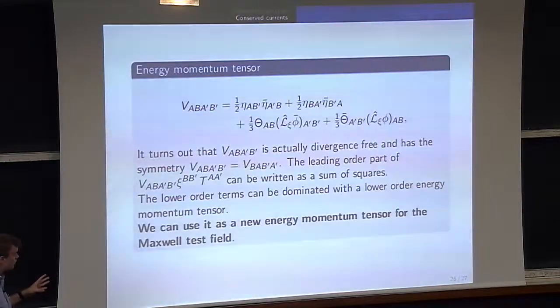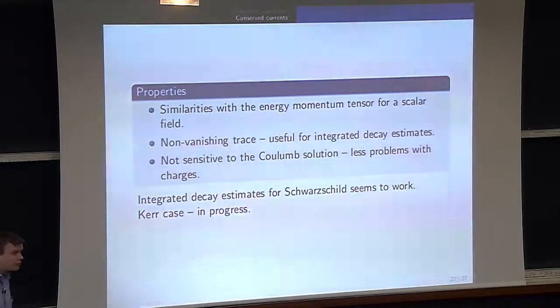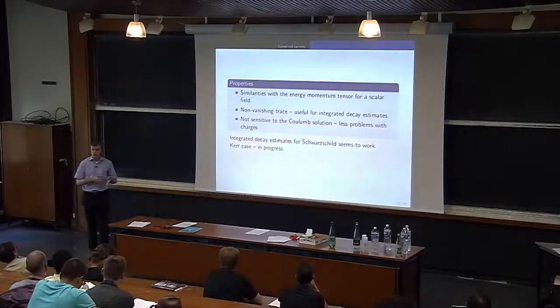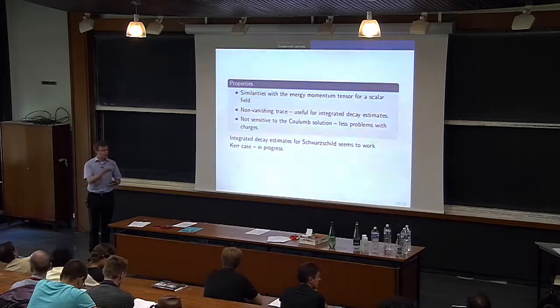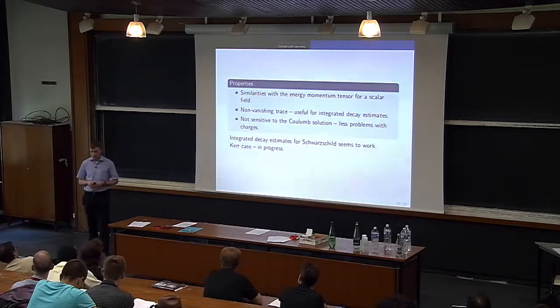And that can be very helpful. So this means that we might not need to subtract a particular Coulomb solution from the solution when we try to study the decay estimates.